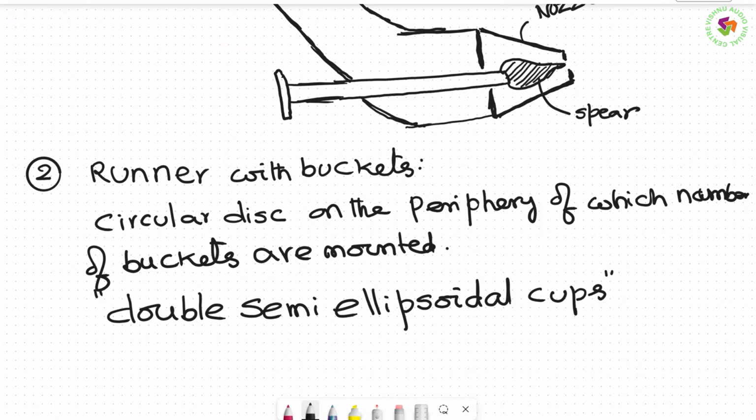Double means in each bucket there will be two cups. Each bucket, two cups, which are mounted.